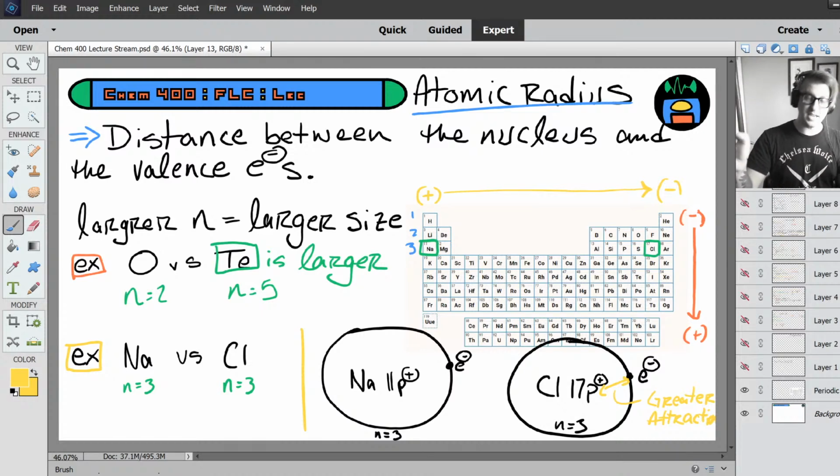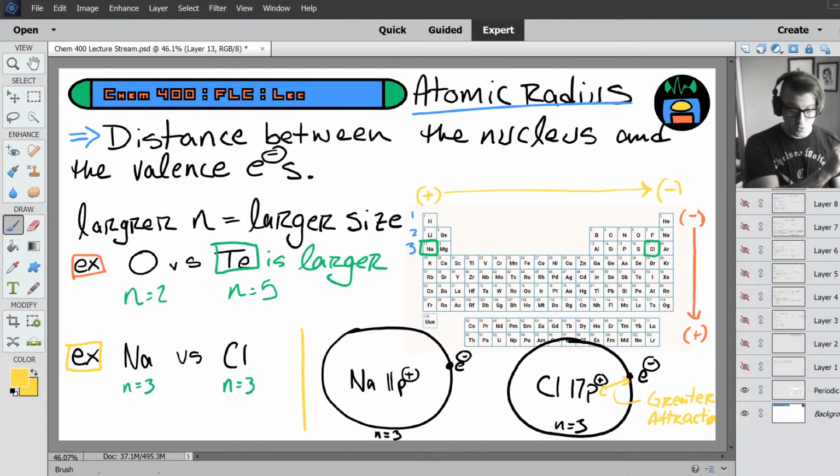They're roughly the same distance from the nucleus as the valence electrons for sodium, but because there are more protons in that nucleus, the pull is harder. So the electrons for chlorine shrink slightly relative to the electrons for sodium, which are able to breathe a little more because that force isn't pulling quite so hard.